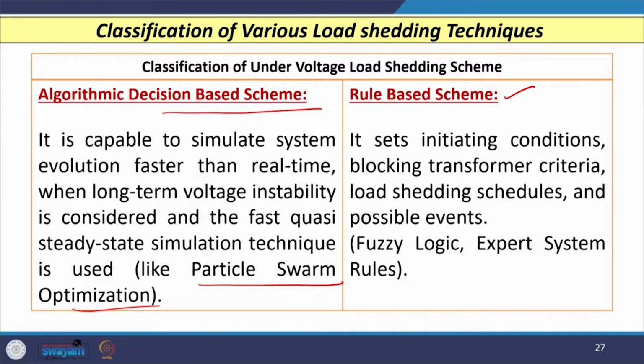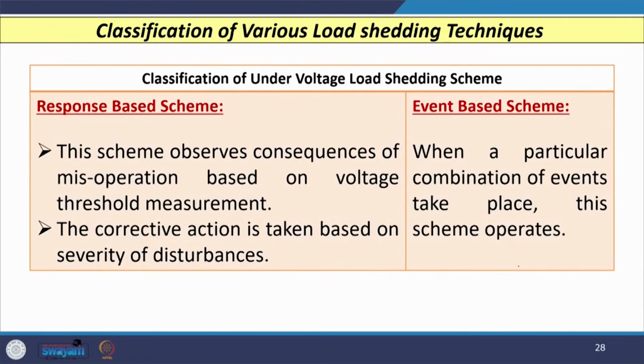Whereas, the rule based scheme sets initiating conditions, blocking transformer criteria in load shedding schedules and possible events, and the best examples of rule based schemes are the fuzzy logic based scheme and the expert system based scheme. These are the examples of this type of scheme.